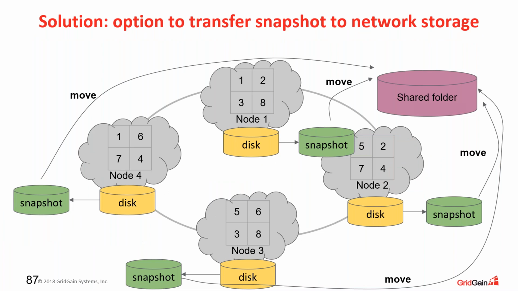After you have created a snapshot, you can simply execute a move command, which allows you to move all your saved snapshot data to some network storage, to a shared folder. You just execute this command in the command line. You just type the path to the shared folder, and your snapshot gets moved and gets deleted.